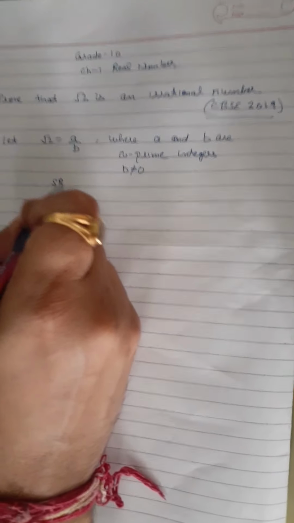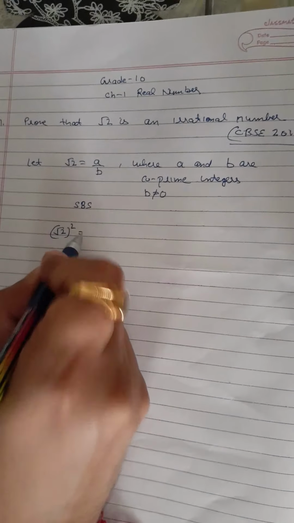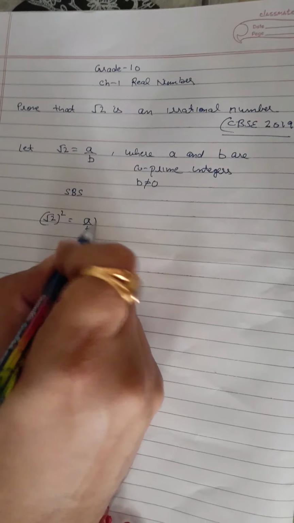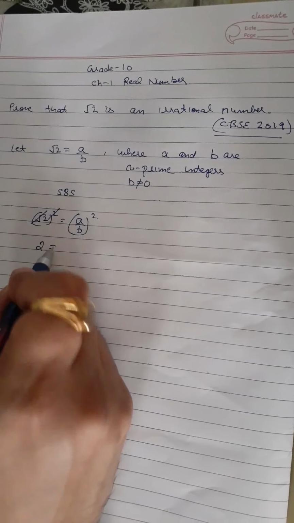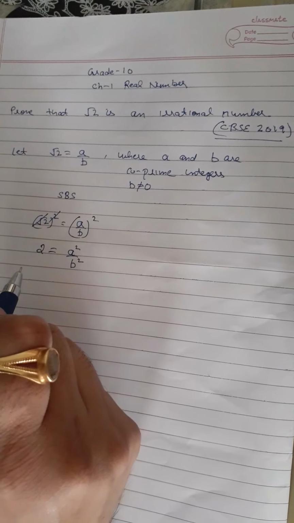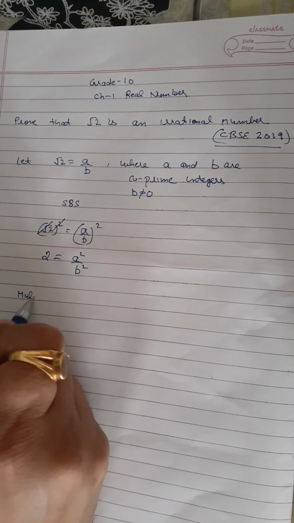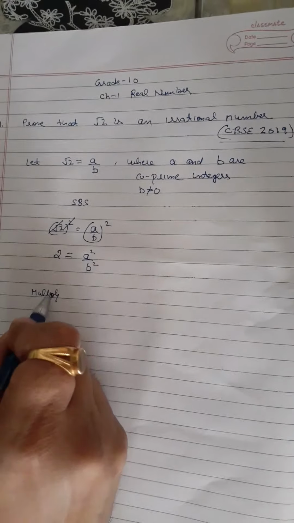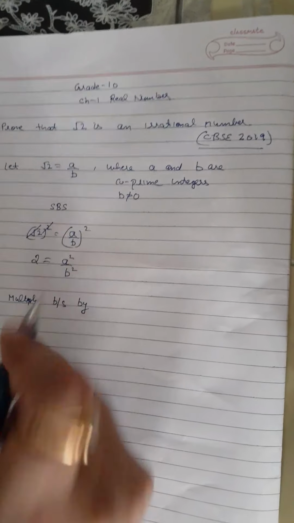Now squaring both sides, under root 2 square is a over b whole square, it gets cancelled. It becomes 2 is equal to a square over b square. Okay, now the next step is you will multiply both sides by b.